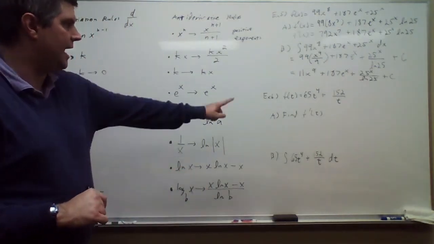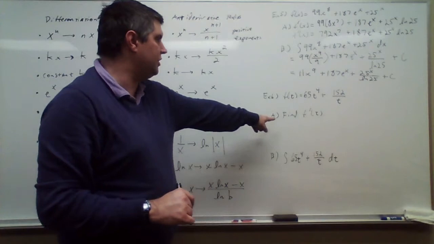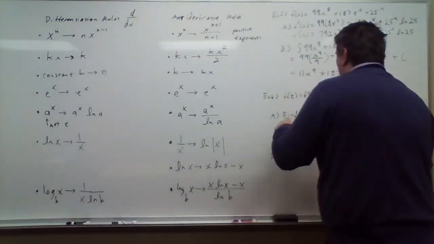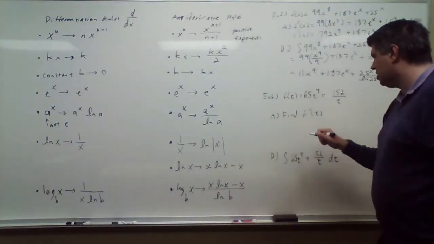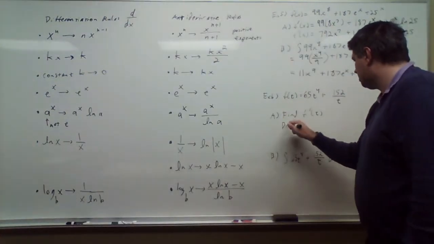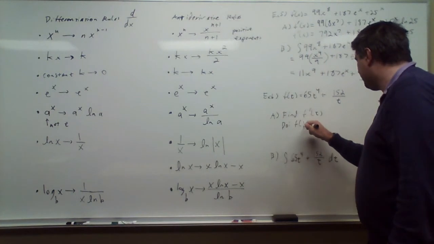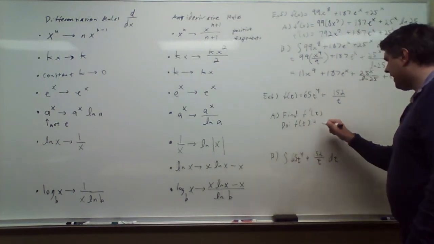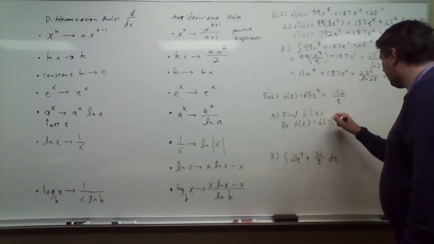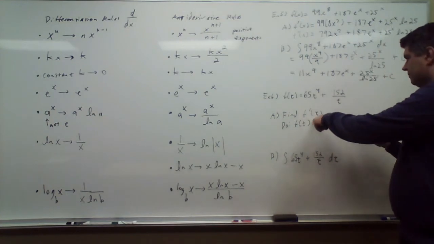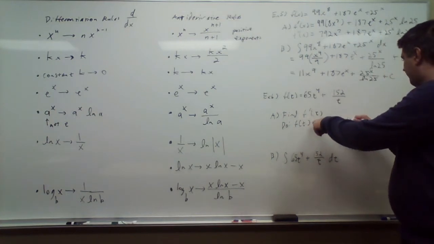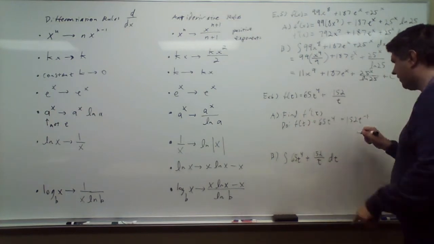All right. Next, we're going to do this one, and we're going to follow the differentiation rules, but we're going to use t instead. So first, f of t, I'm going to rewrite this as 65t to the 4th plus 152 t to the negative 1st, to find the derivative.